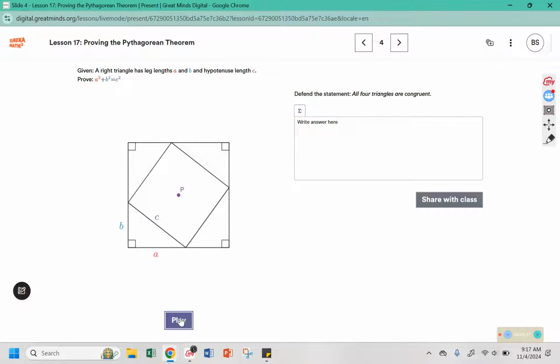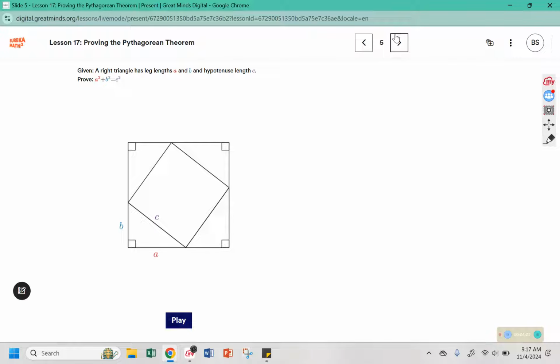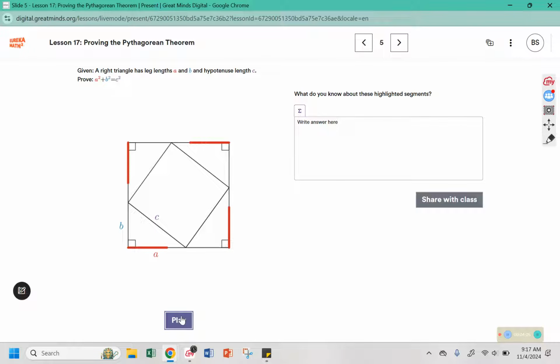Okay, so they've created a square. It says defend the statement. All 4 triangles are congruent. They've rotated this original triangle about point P, the center of rotation, P. What do I know about all those highlighted segments?